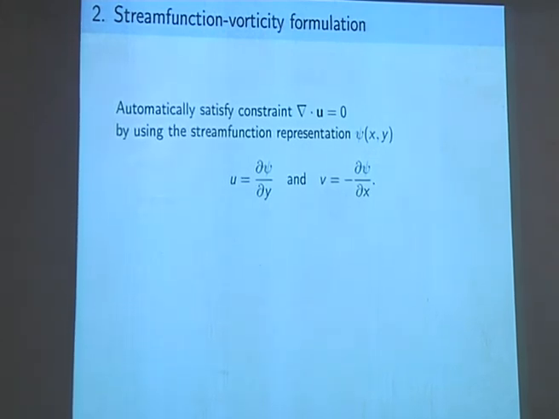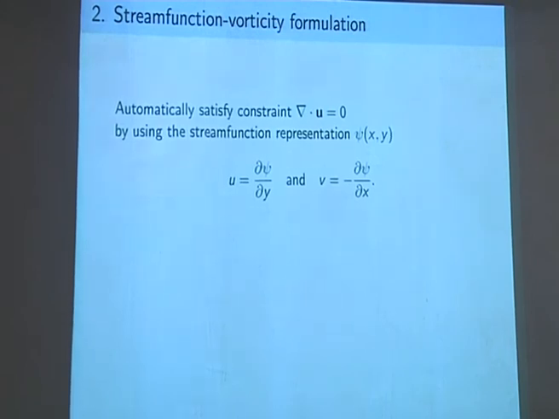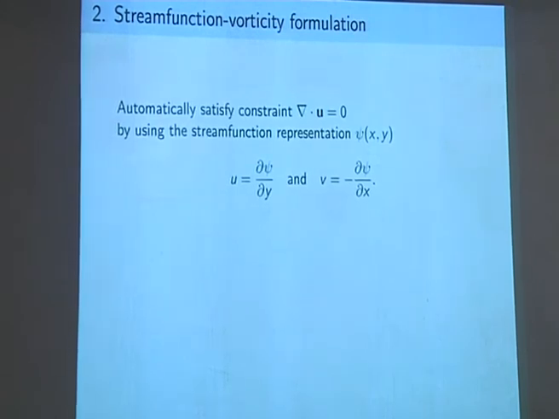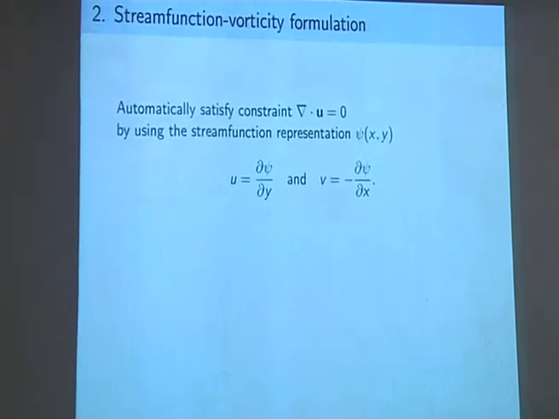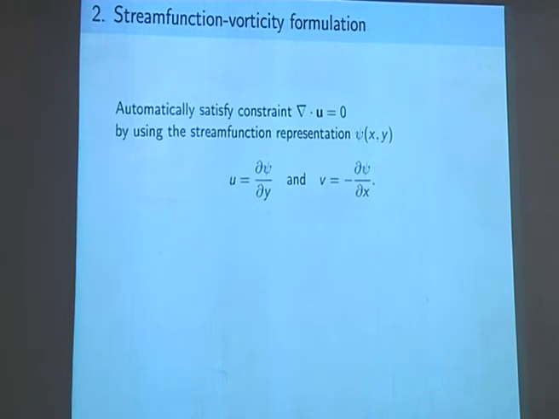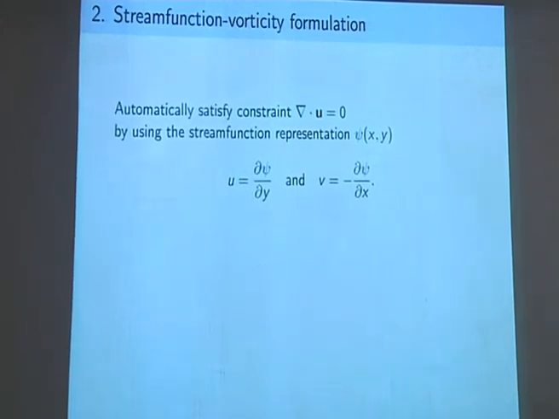And I'm going to have the horizontal velocity, the x direction velocity, is the y derivative of psi, and the vertical velocity, the y velocity, is minus the x derivative. And then if you take the x derivative of u and add it to the y derivative of v, it's 0. So if you introduce a stream function, you've handled div u equals 0.